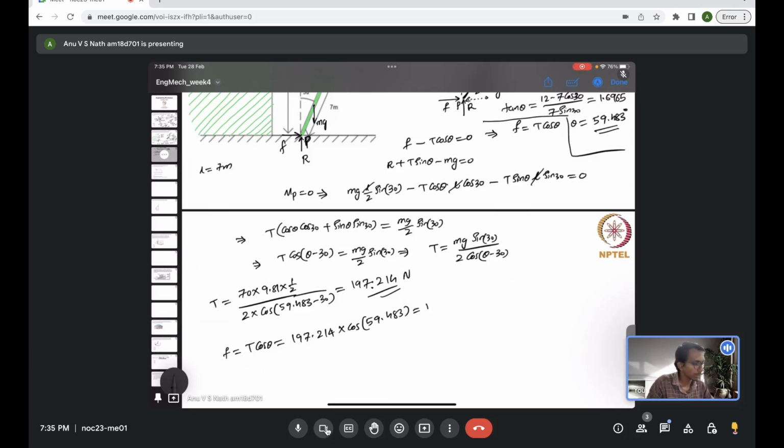So I think it's around 100.144 Newton. So we got the friction force.